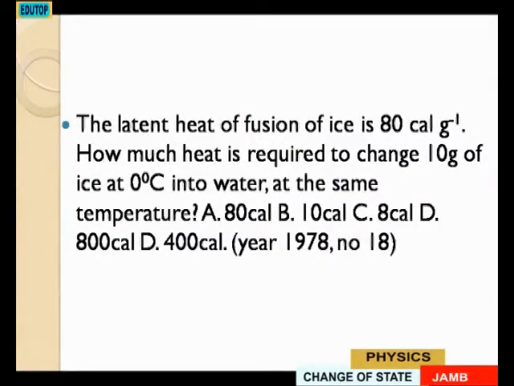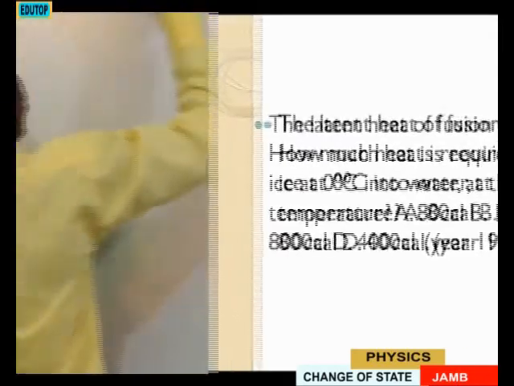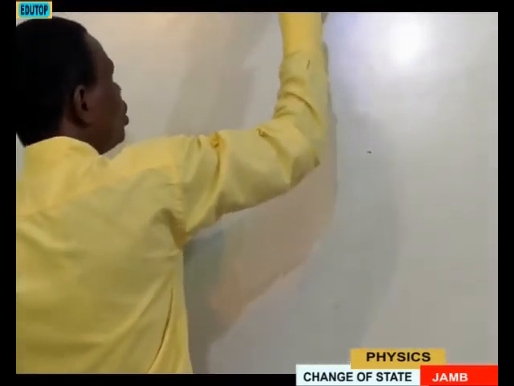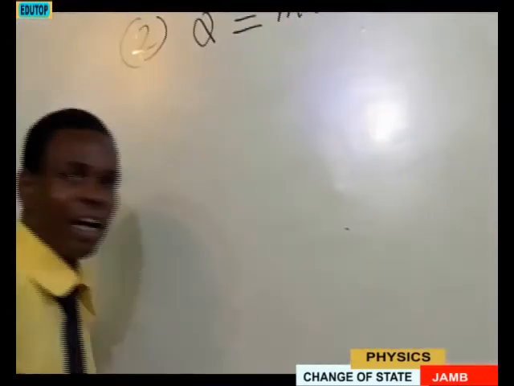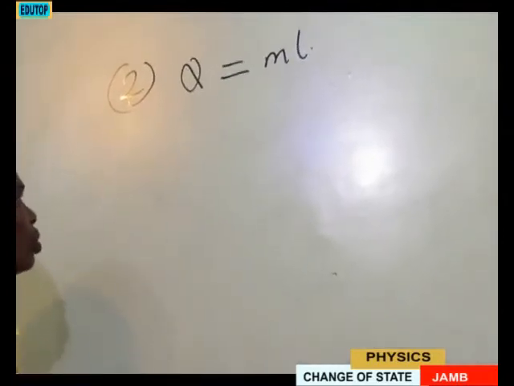Question number 2 says the latent heat of fusion of ice is 80 calories per gram. How much heat is required to change 10 grams of ice at 0 degrees Celsius into water? Quantity of heat is equal to ML, at 0 degrees Celsius.